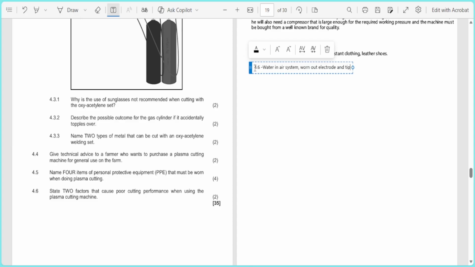They only want two, so these are the two factors. Or even blocked air filters.